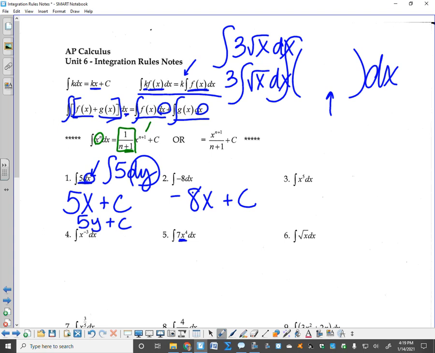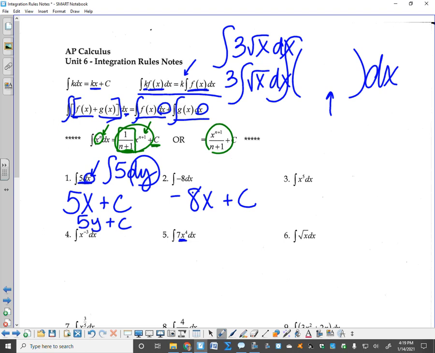And then to the power that's up there, I add 1. And then don't forget your plus c. And this is just another way to write it: you could put the fraction out front, or you could put it all together.